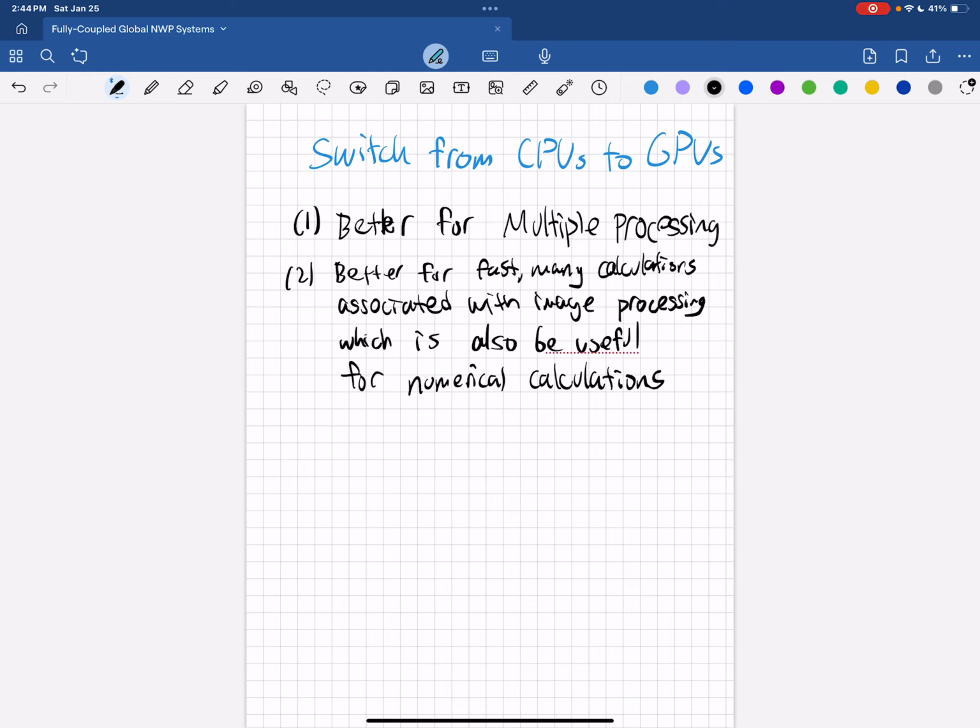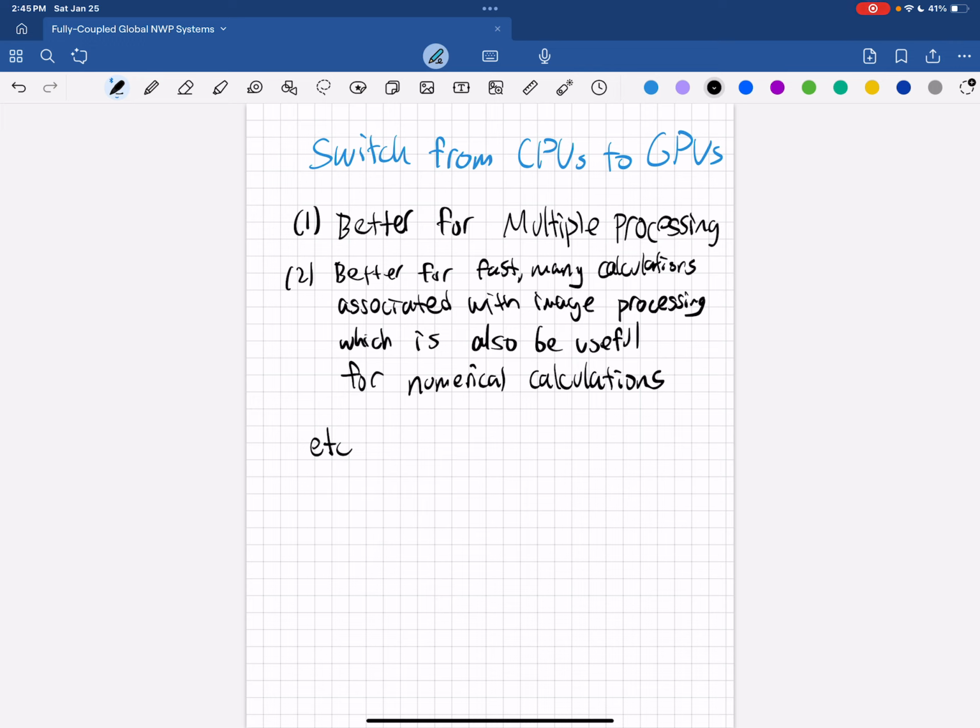So that's another thing. I'm sure there's some other reasons that it's better to use that I maybe haven't mentioned or haven't written down, but these are the main two important ones. So that will be all for fully coupled global numerical weather prediction systems.